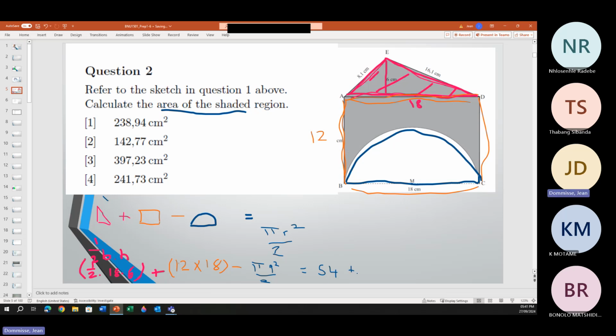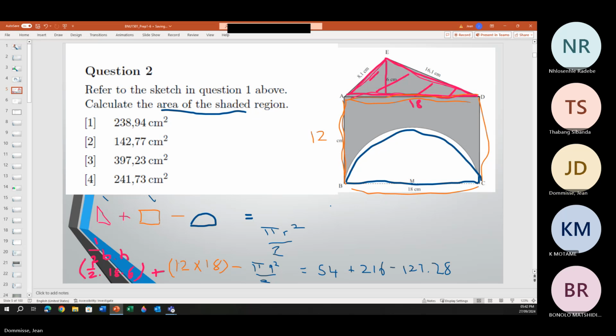Then it is 12 times 18, 216 for the square, and then pi times radius squared divided by 2 is, I get that we need to subtract 127.28. So hopefully we get something close to that.